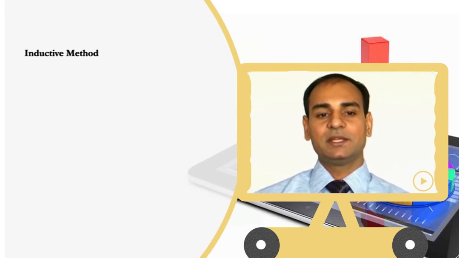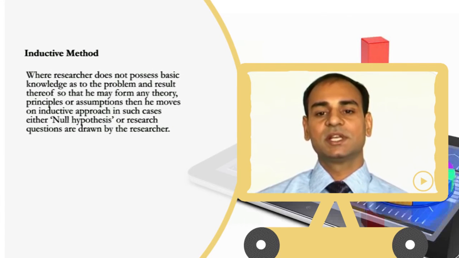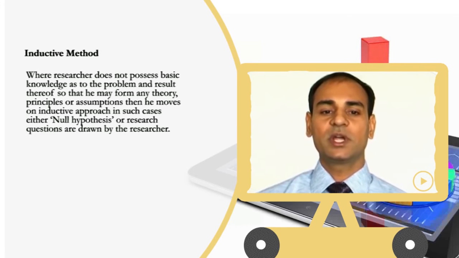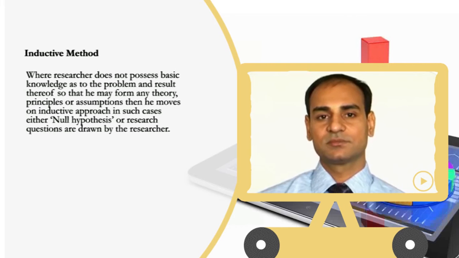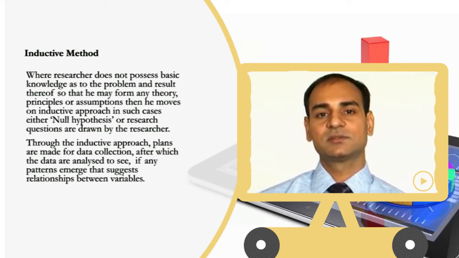This reasoning method is applied where the researcher does not possess basic knowledge as to the problem, where he is not able to form any working theory, principle or assumption. Then he moves to the inductive approach. In such cases, the researcher usually forms the null hypothesis or research question rather than going with any research hypothesis, because a research hypothesis always asserts a relationship which can be verified by the other evidence collected.